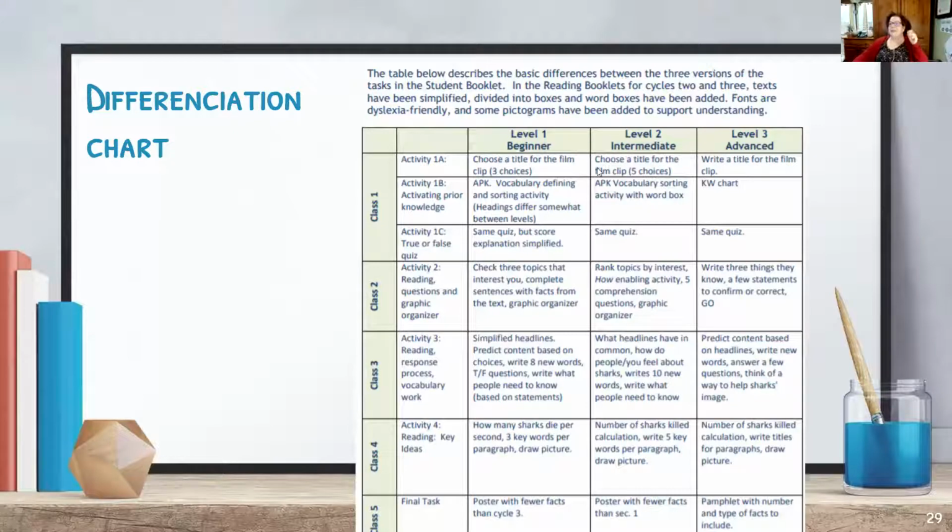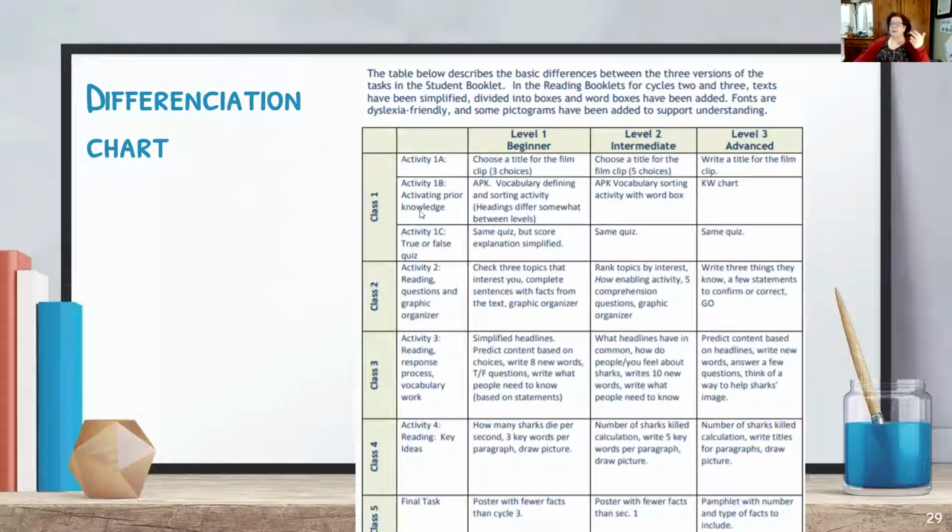So in the differentiation chart that is provided in this teacher guide, you see here class 1, level 1, level 2, and level 3. So the information is there already for you, and it identifies exactly what you're going to be doing with each of the levels and each of the students. These are activities that are already there.